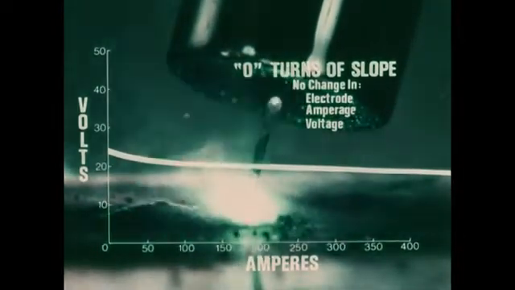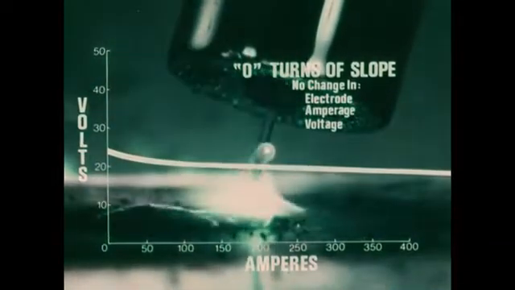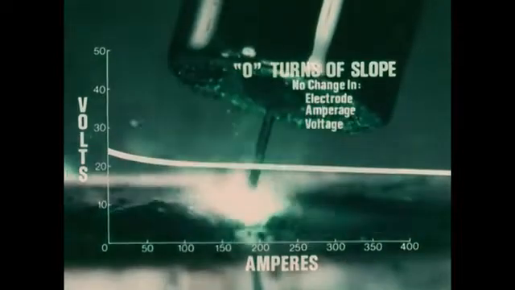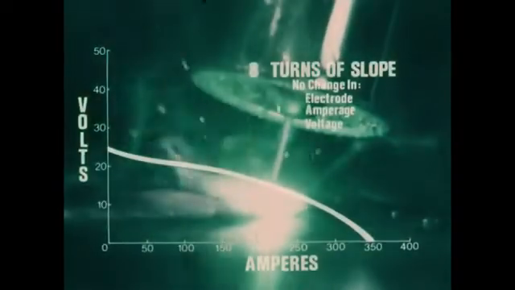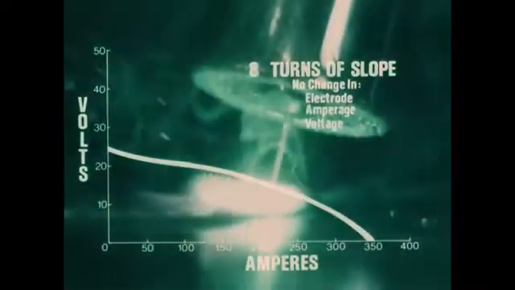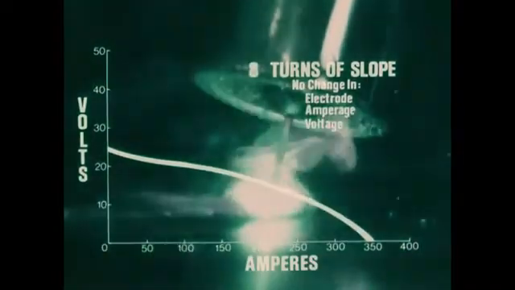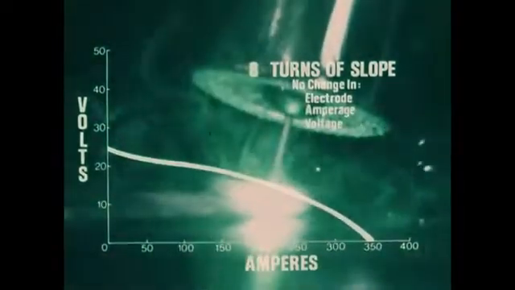With 0 turns of slope, or no control at all over the maximum short-circuiting current, there is literally an explosion of current as it surges out of control to clear the short-circuit contact of the electrode to the metal. 8 turns of slope provides the desirable level of short-circuiting current and properly controls its rate of response time as it reignites the arc.